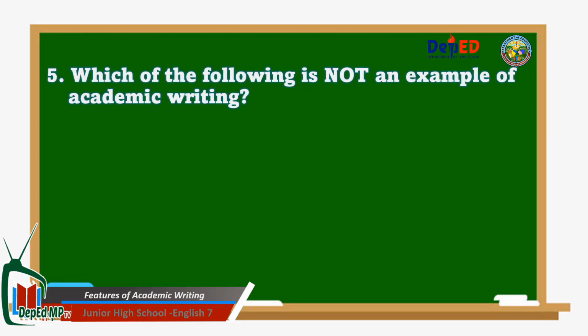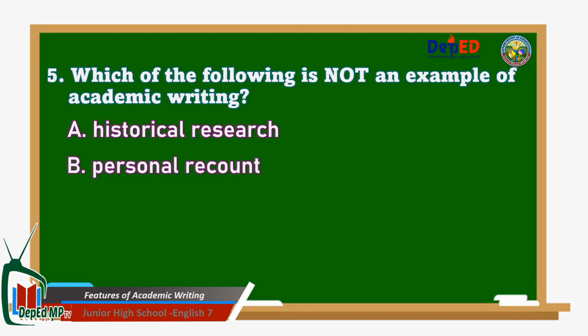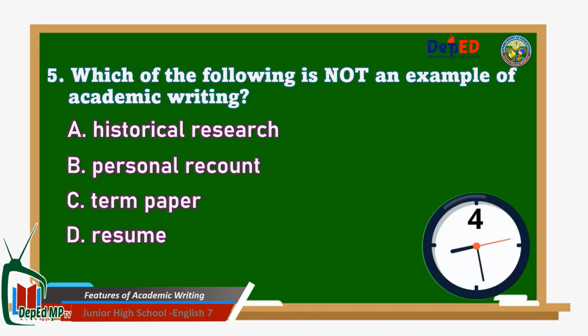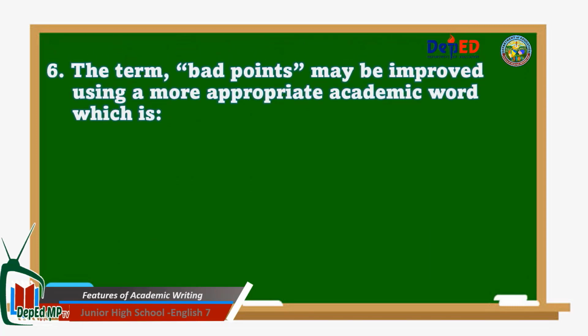5. Which of the following is not an example of academic writing? A. Historical research. B. Personal recount. C. Term paper. D. Resume. 6. The term bad points may be improved using a more appropriate academic word, which is A. Difficulties.